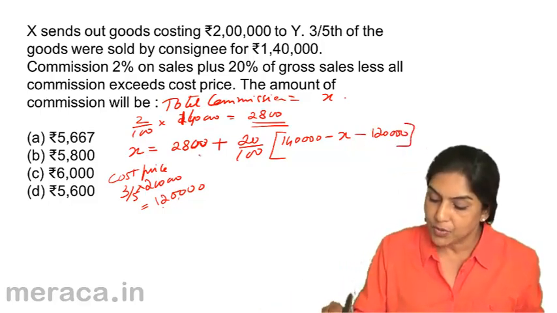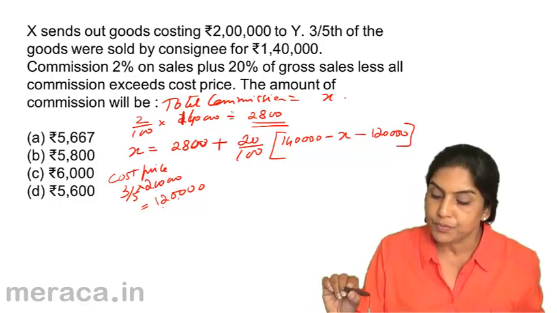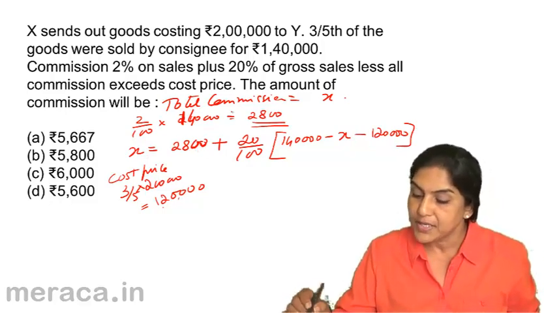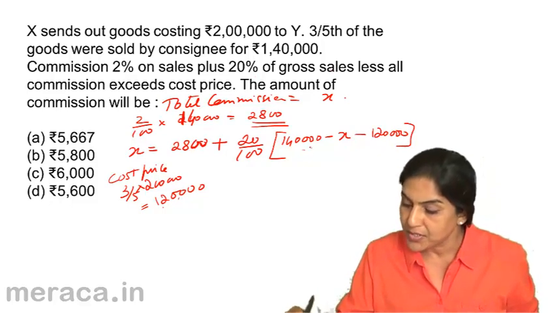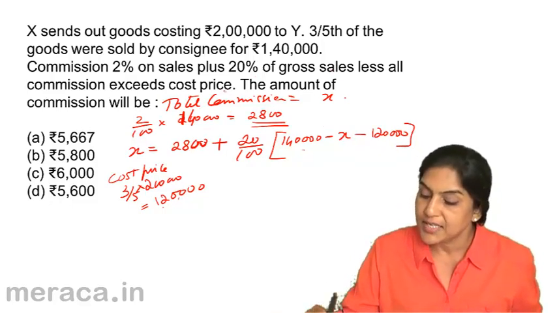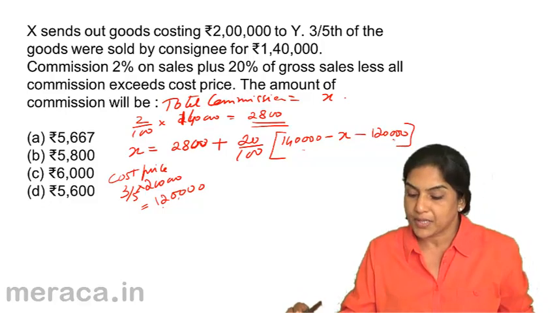So X is equal to 2,800 being 2% of the sales value plus 20% of gross sale less commission exceeds the cost price of 1,20,000.